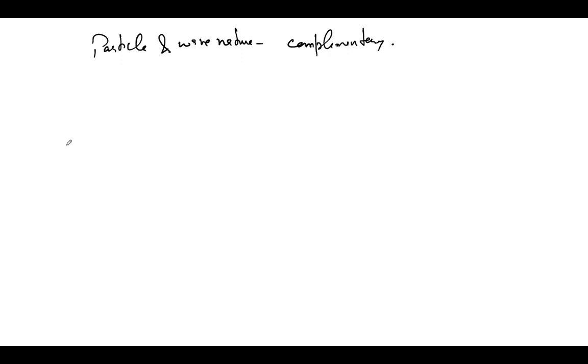So it is impossible to determine both its position and momentum simultaneously with accuracy.